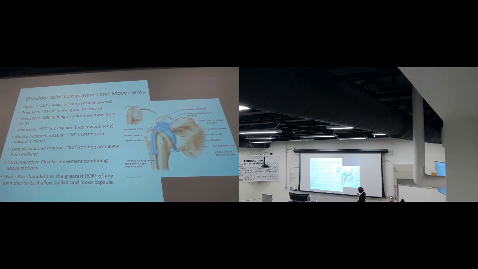So here are the different components of this joint that can help to stabilize. So we have this coracoacromial ligament. So this is the coracoid process of the scapula, and this is the acromial process.